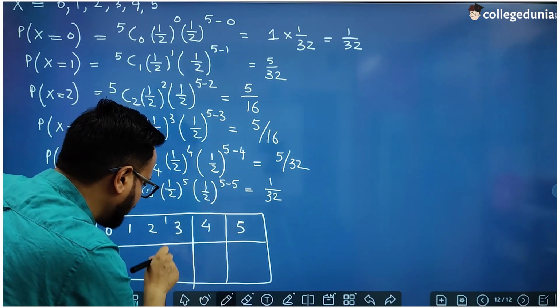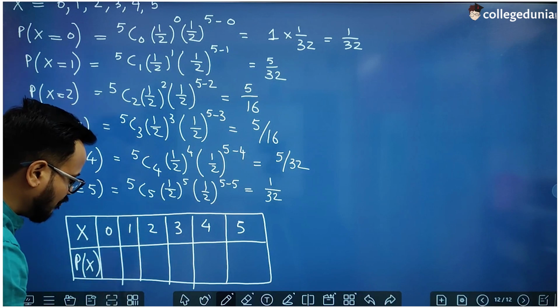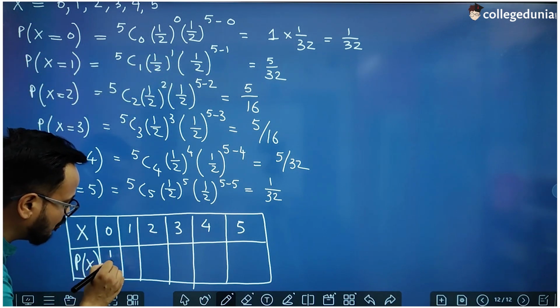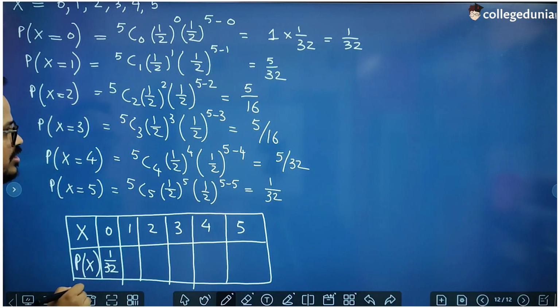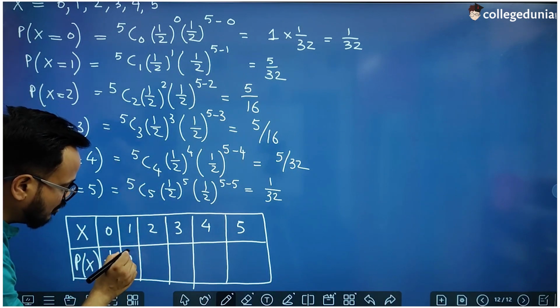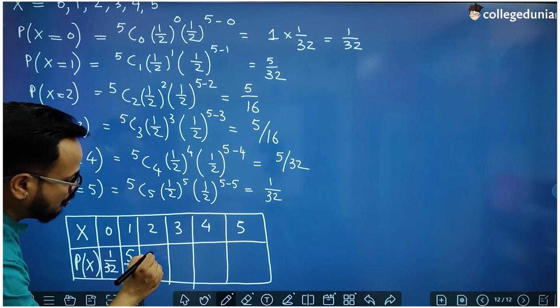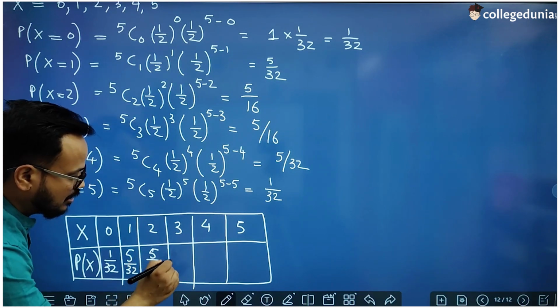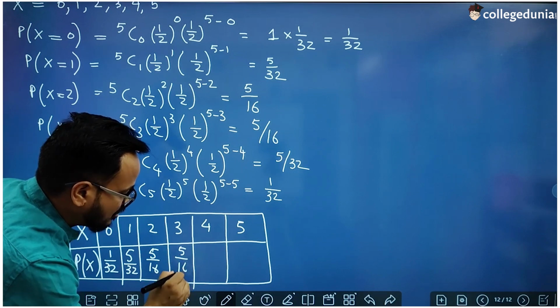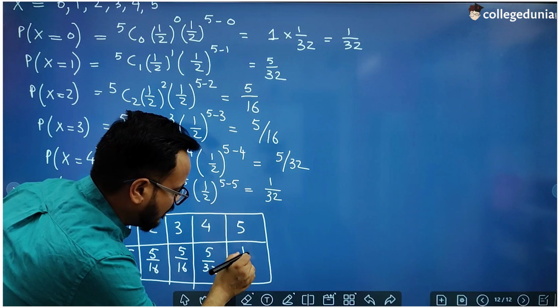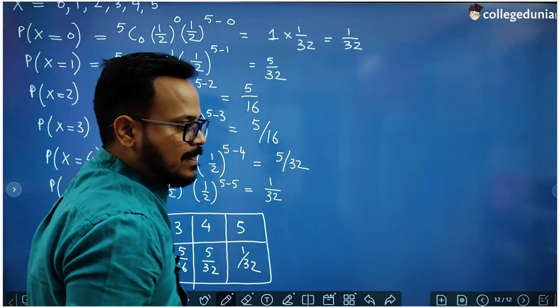Now make all possible columns of the values of x and put the value of the probabilities. So when the value of x is 0, then probability is 1 by 32. So 1 by 32 should come in this box, and then 5 by 32 should come in this box, and then again it is 5 by 16, then it is 5 by 16, then 5 by 32, and then 1 by 32.